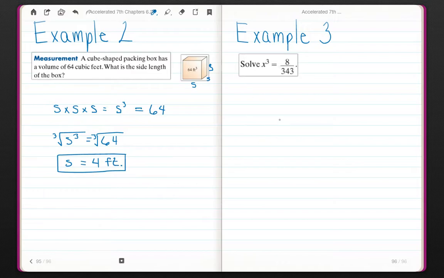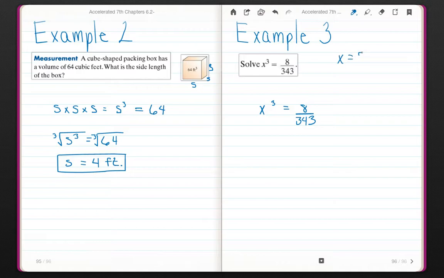So final example, example 3. X cubed equals 8 over 343. When it says solve, this means I want to know what x by itself equals. So in order to solve this, I will write the original problem. I'm going to take the cube root of x and the cube root of 8 over 343.